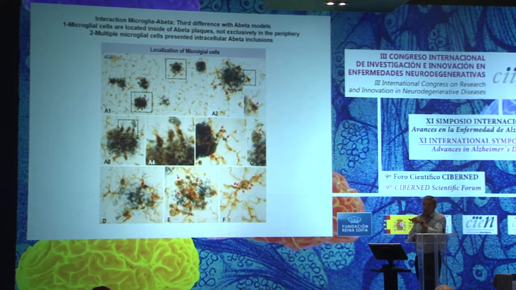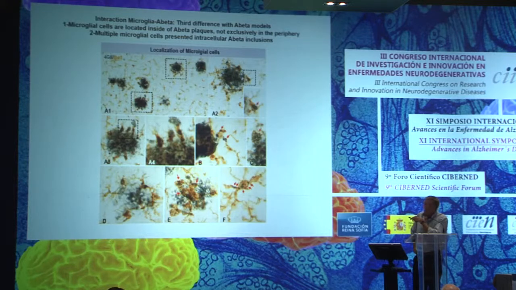The second difference between models and human Alzheimer's disease is the localization of the microglial cells in the A-beta plaque. These pictures come from a patient with BRCA3, 4 pathology, and as you can see here, there are many microglial cells exhibiting A-beta inclusions inside those cells.